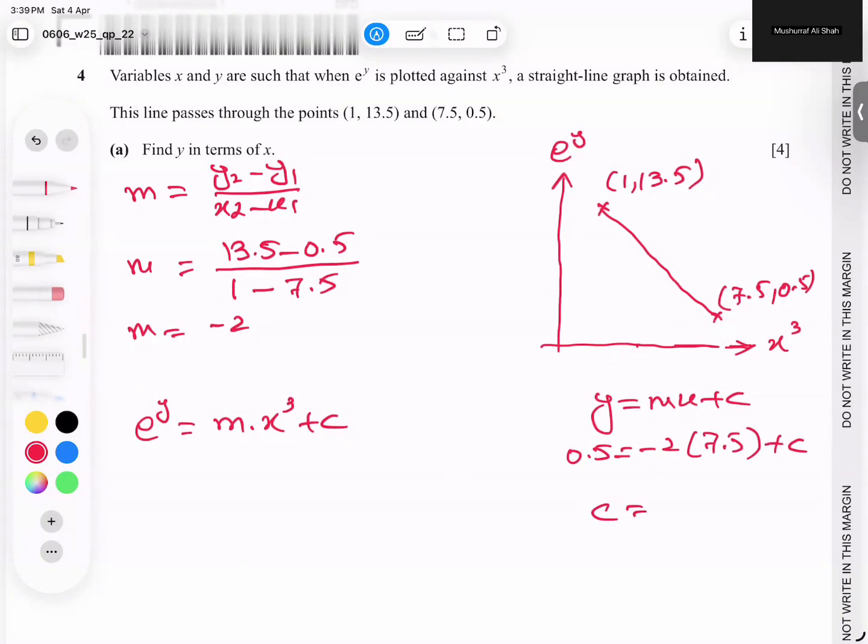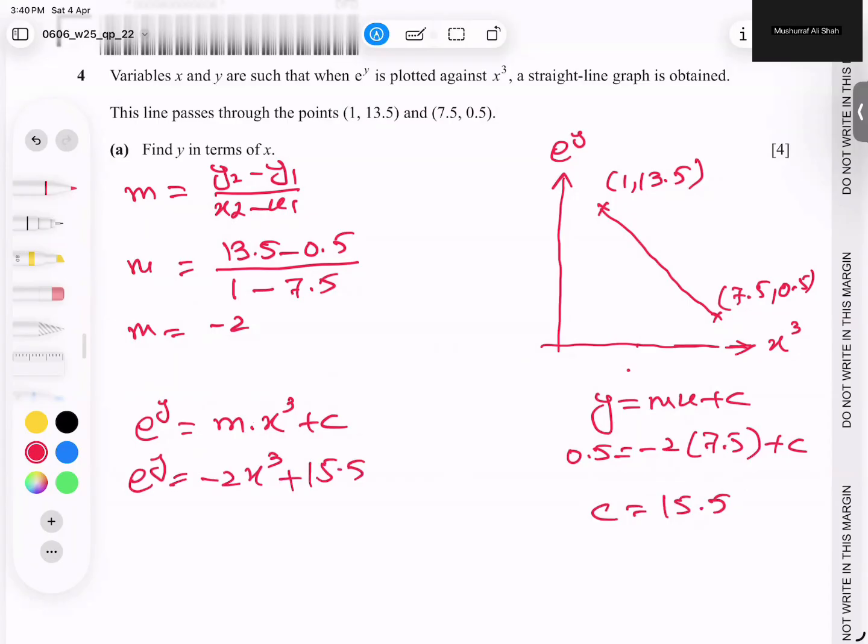And c turns out to be 0.5 minus the product of this m value and 7.5, and I'm getting 15.5. So I can now replace the m value and the c value. So for the 4-mark question, y equals -2x to the power 3 and positive 15.5.